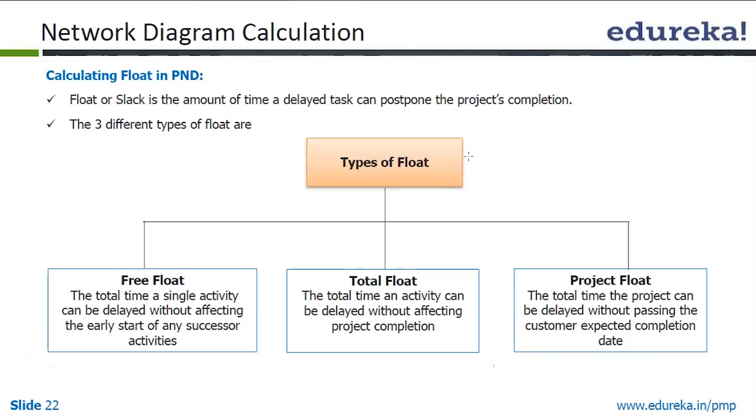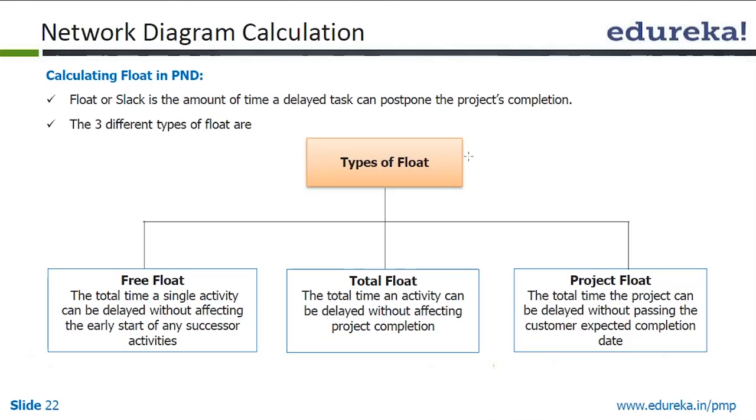And third is the project float. We had already said earlier that when making a project schedule, we actually create two schedules, one for the team and one for the customer. This means we have given the customer certain committed deadlines for the completion of the project or for deliverables. Project float is the total time the project can be delayed without passing the customer expected completion date.